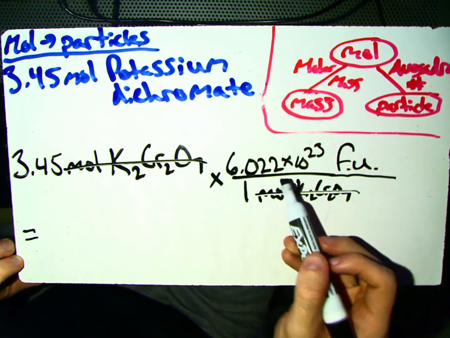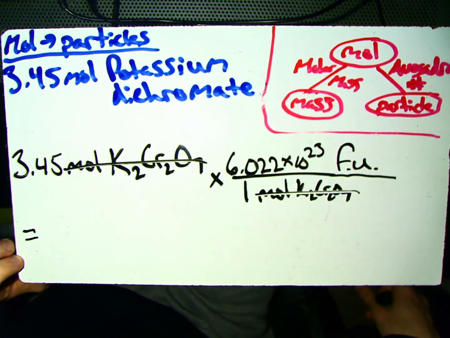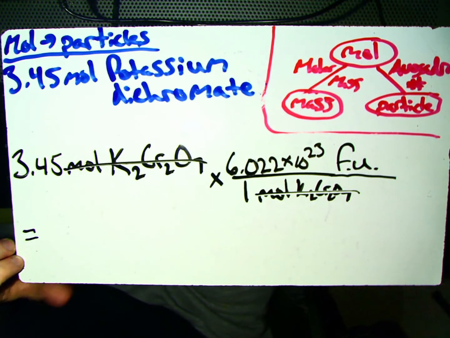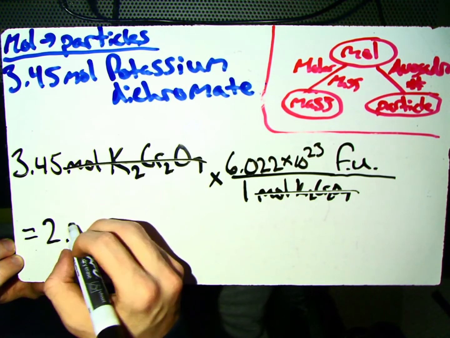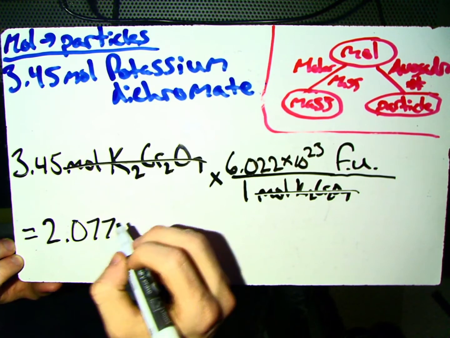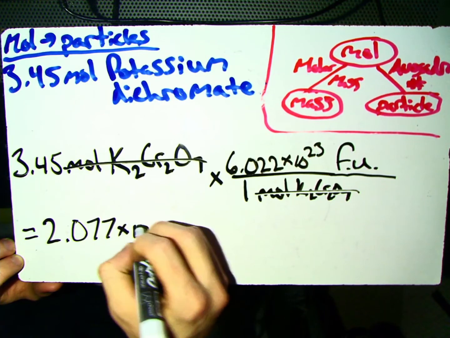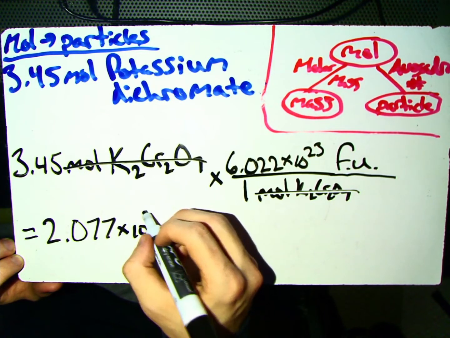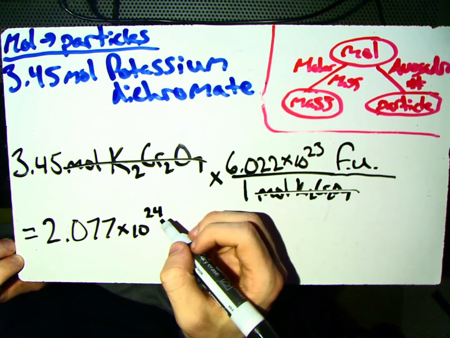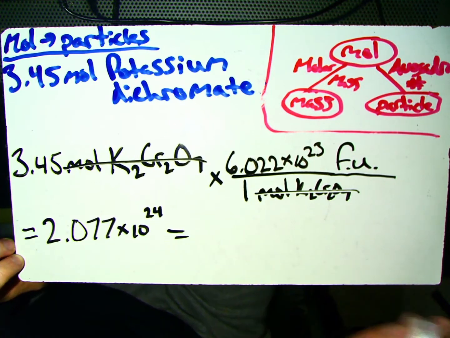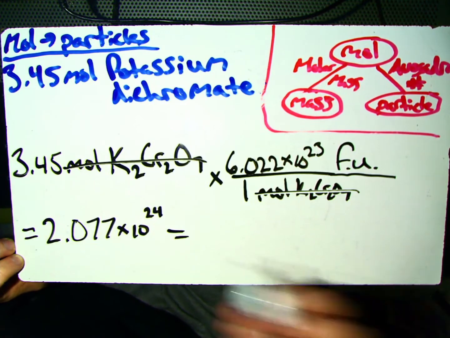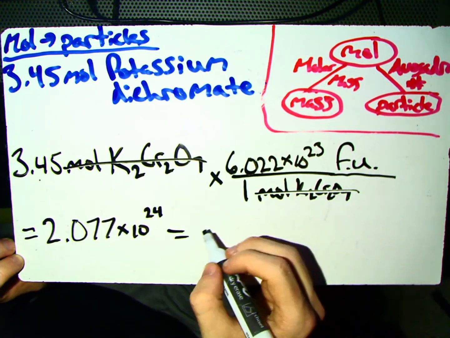It's literally just multiplication. 3.45 times 6.022 times 10 to the 23rd. And the answer you should get is 2.077 times 10 to the 24th. We need to account for sig figs. We have 3 sig figs is the least number.